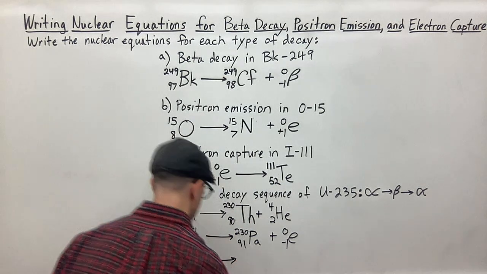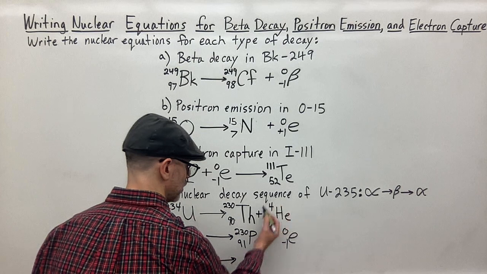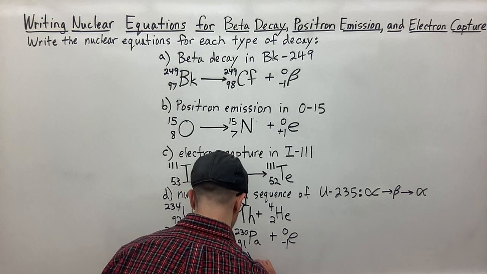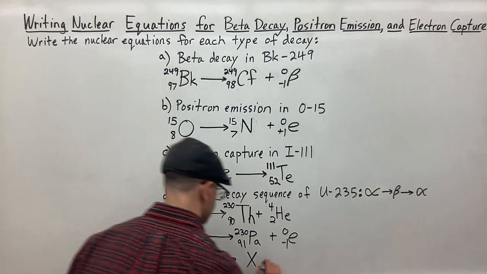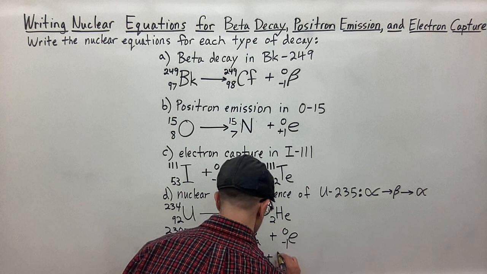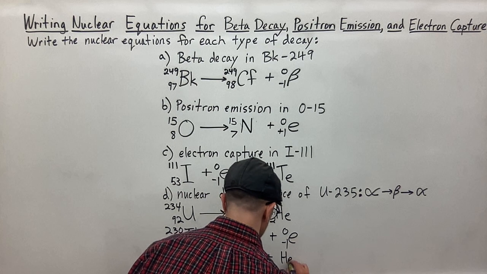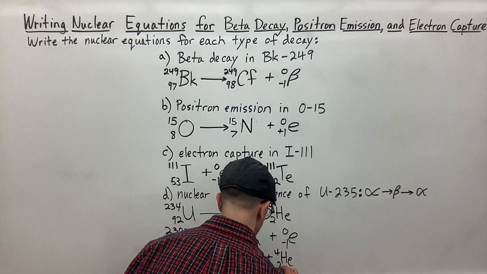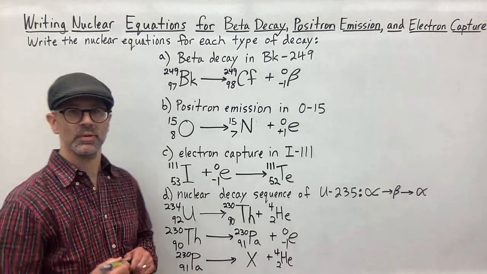So it's going to release an alpha particle, which is the helium nucleus. So we're going to get some daughter isotope plus helium. So 4 on top, 2 on the bottom.